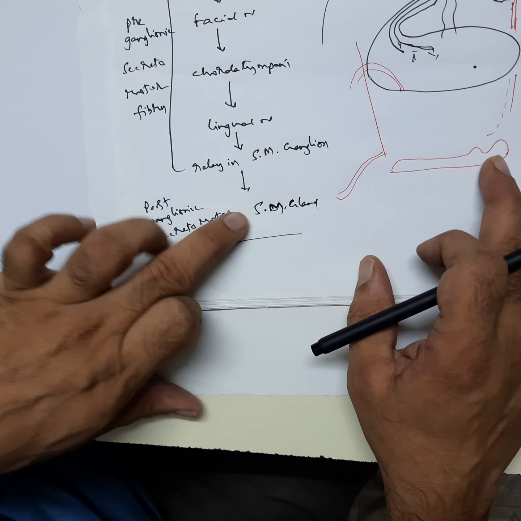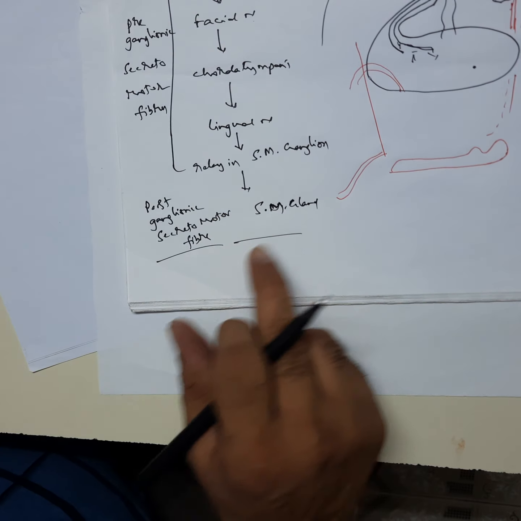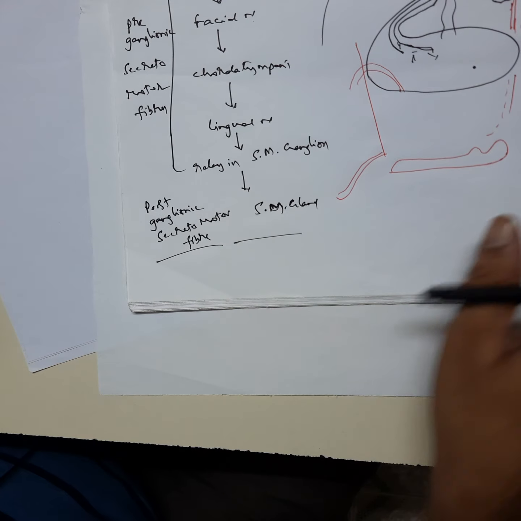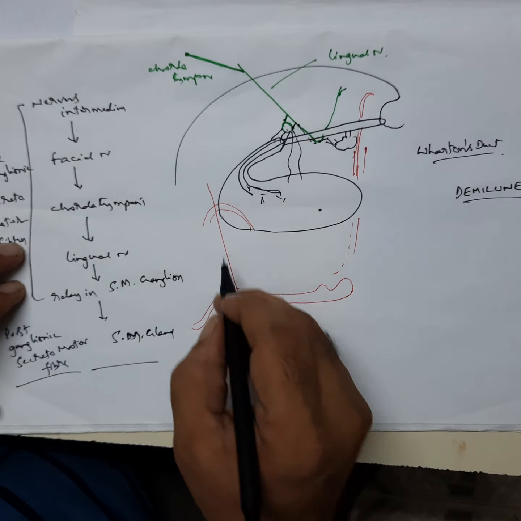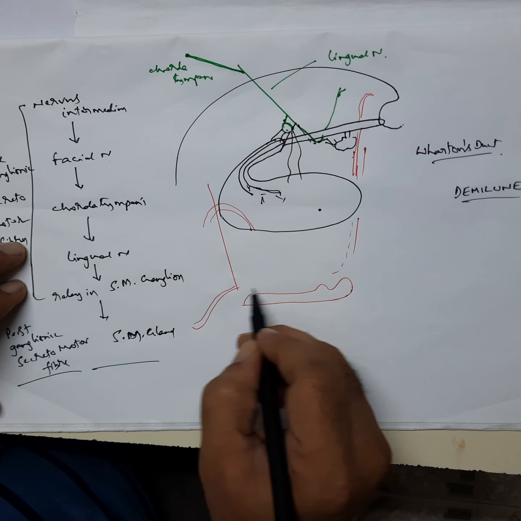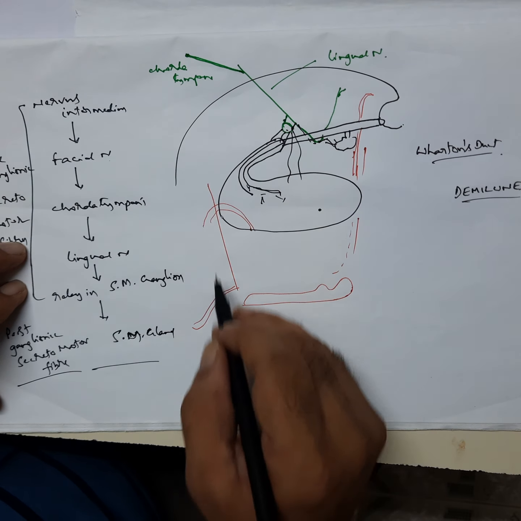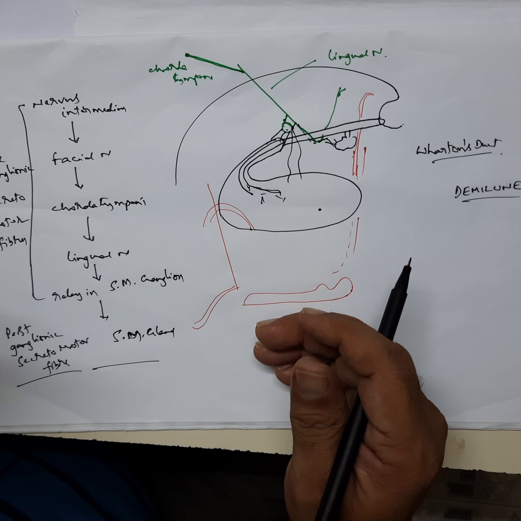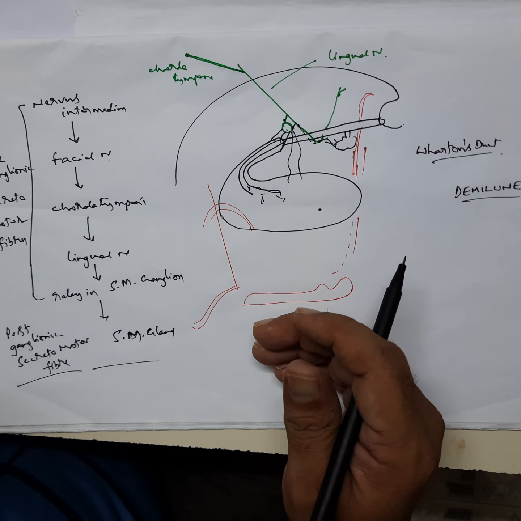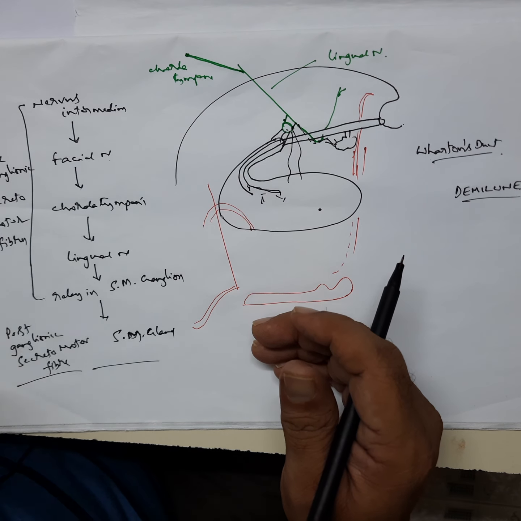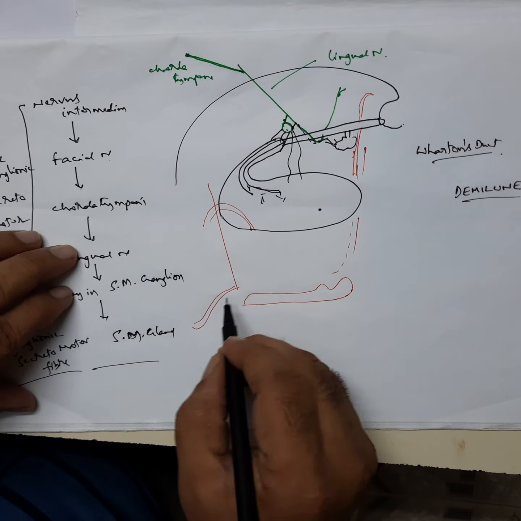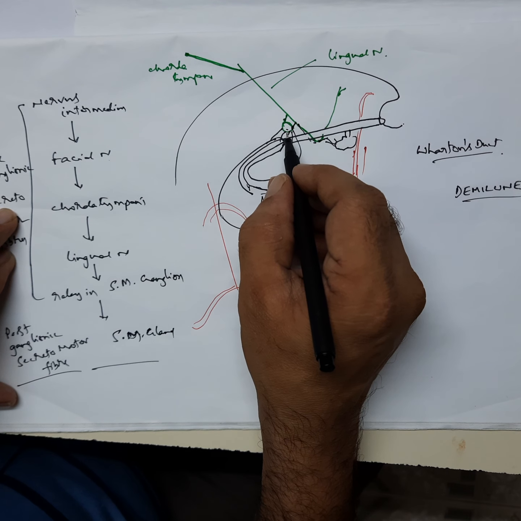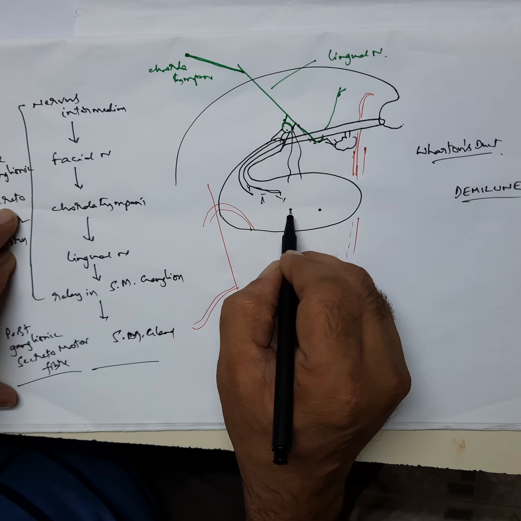These fibers cause watery secretions from this gland, and I already told you the facial artery is here, the lingual artery is here, and these are the branches of the external carotid artery around which the sympathetic fibers, which are vasomotor in nature, pass through this ganglion without any relay and they reach this gland.